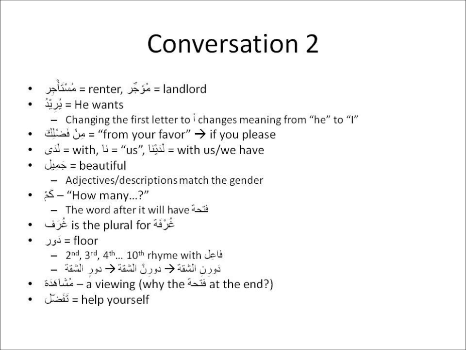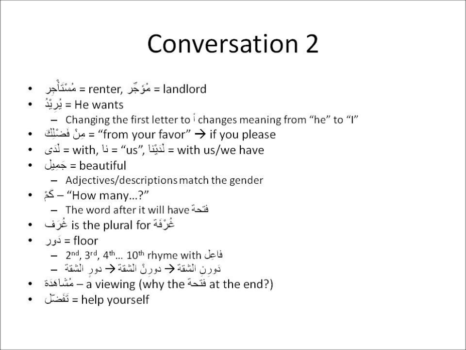هذه شقة جميلة. And the translation is أريد شقة, I want an apartment. من فضلك, please. لدينا شقة جميلة. We have a beautiful apartment. كم غرفة في الشقة? How many rooms are in the apartment? في الشقة 5 غرف. There are 5 rooms in the apartment. في أي دور الشقة?